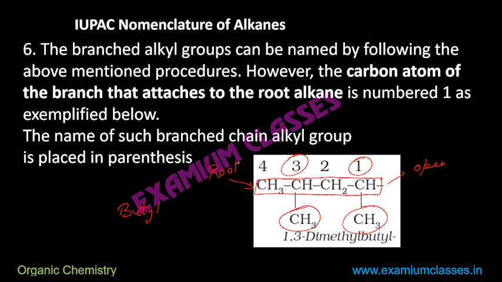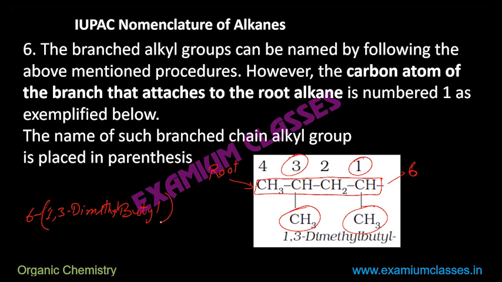On first and third carbon, I have methyl, so I will write 1,3-dimethyl. That's the name. Now suppose this is attached to the main chain at say 5th carbon or 6th carbon. If it is attached to the 6th carbon, I will write 6 hyphen, whole in brackets, when I name the main branch.